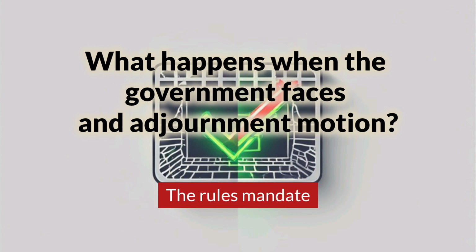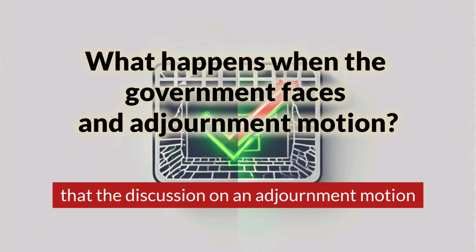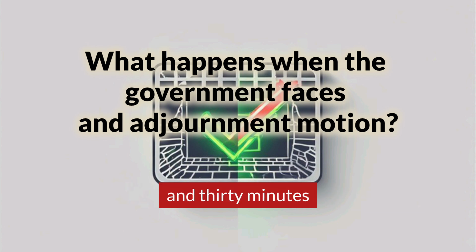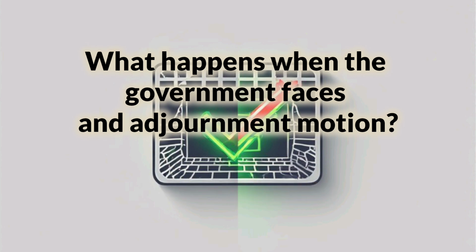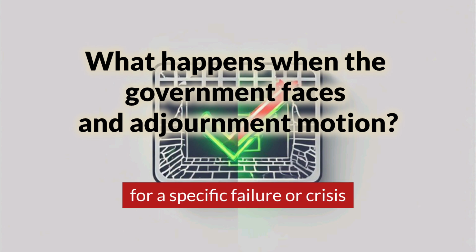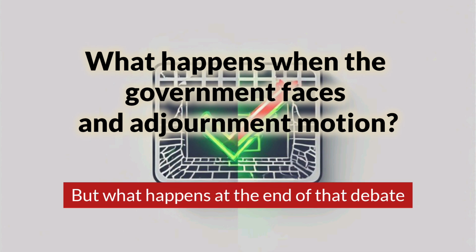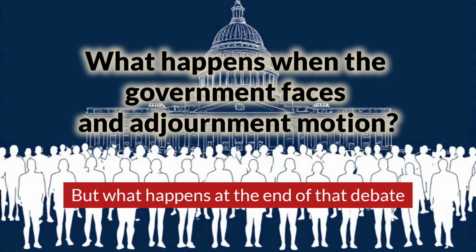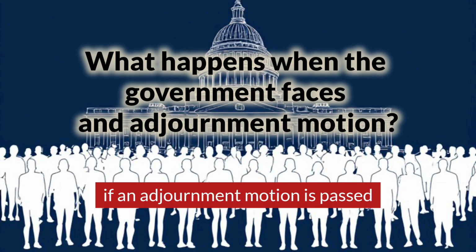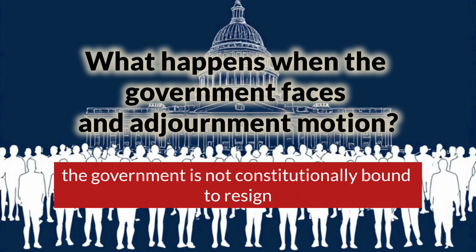The rules mandate that the discussion on an adjournment motion must last for a minimum of 2 hours and 30 minutes. It is a marathon debate where the government is directly held accountable for a specific failure or crisis. But what happens at the end of that debate? Unlike a no confidence motion, if an adjournment motion is passed, the government is not constitutionally bound to resign.